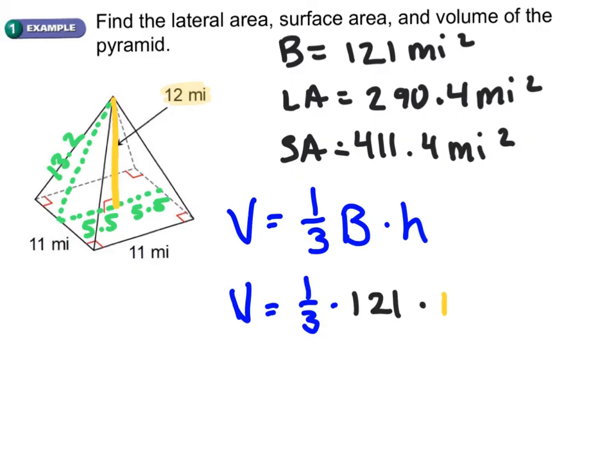So 1/3 times 121 times 12 gives you an answer of 484 miles cubed.